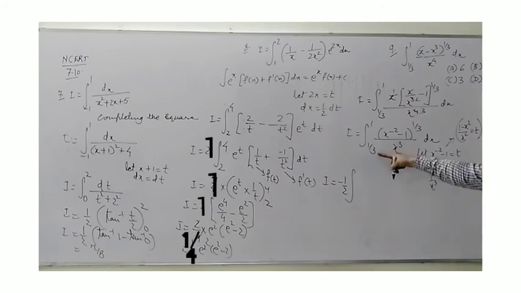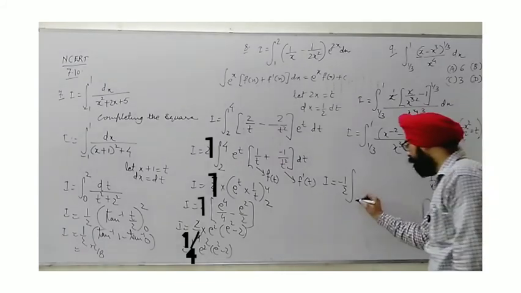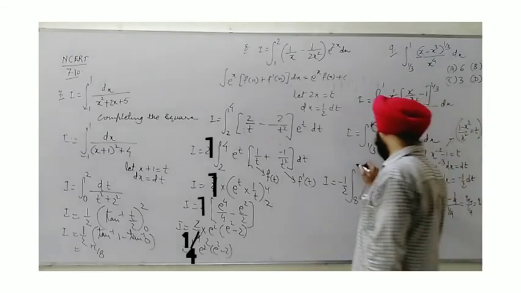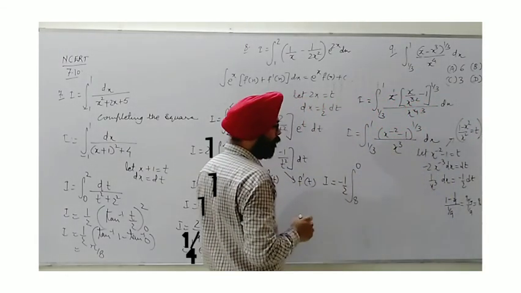If I take here 1 by 3, this will turn 1 by 9, (1 minus 1 upon 9) upon 1 by 9. We get 9 ones are 9 minus 1, 8 by 9 upon 1 by 9, which makes it 8. So the new lower limit is 8. And when I take 1, this will make it 1 minus 1, 0 upon 1. So finally the upper limit becomes 0.